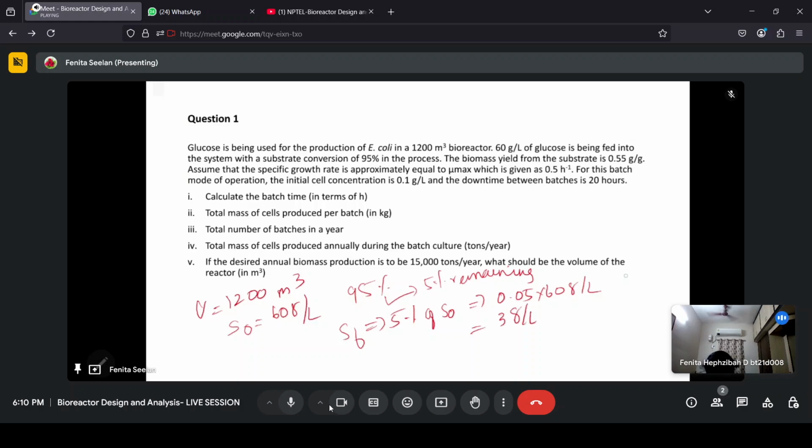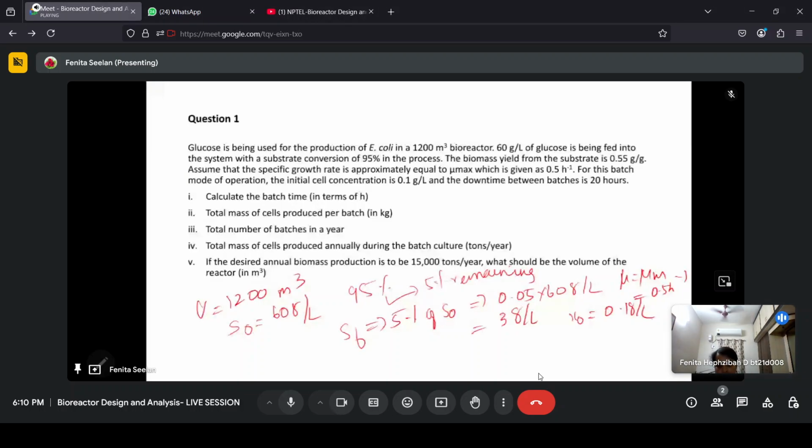And what else is given? Mu is equal to mu max, given as 0.5 hour inverse, and X naught is given as 0.1 gram per liter, and the downtime between the batches is given as 20 hours, meaning in between two batch runs of the reactor there is a downtime for cleaning, maintenance, everything of around 20 hours.